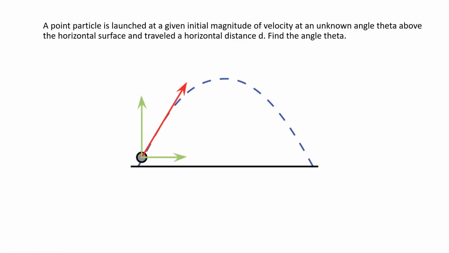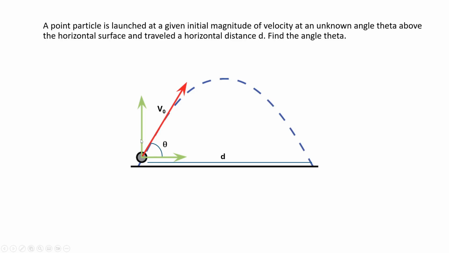So we have gravity and we have some distance d traveled once the ball lands back on the ground, and it will create this parabolic trajectory because the horizontal component of velocity would just be constant, and the y component of velocity would be dealing with a negative acceleration. So we can use this information to come up with two position equations to help us solve this problem. So let's go ahead and label this diagram before we begin.